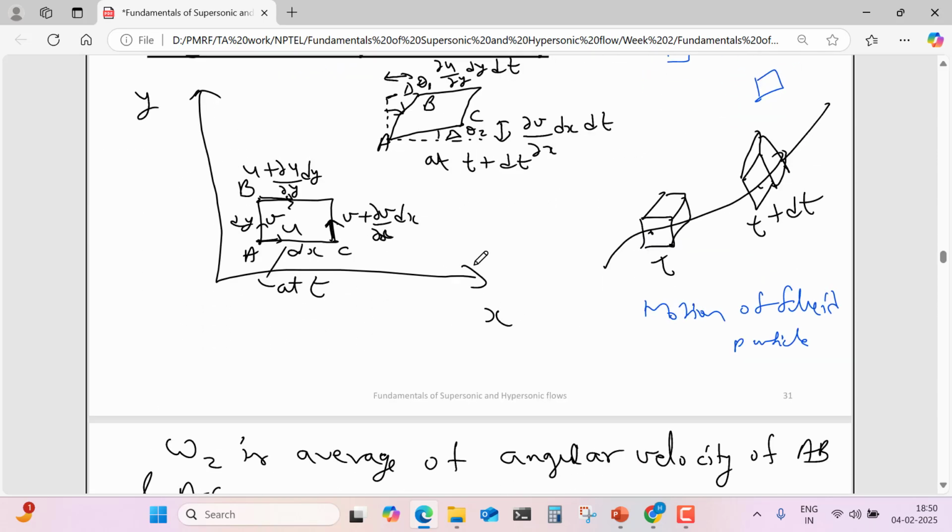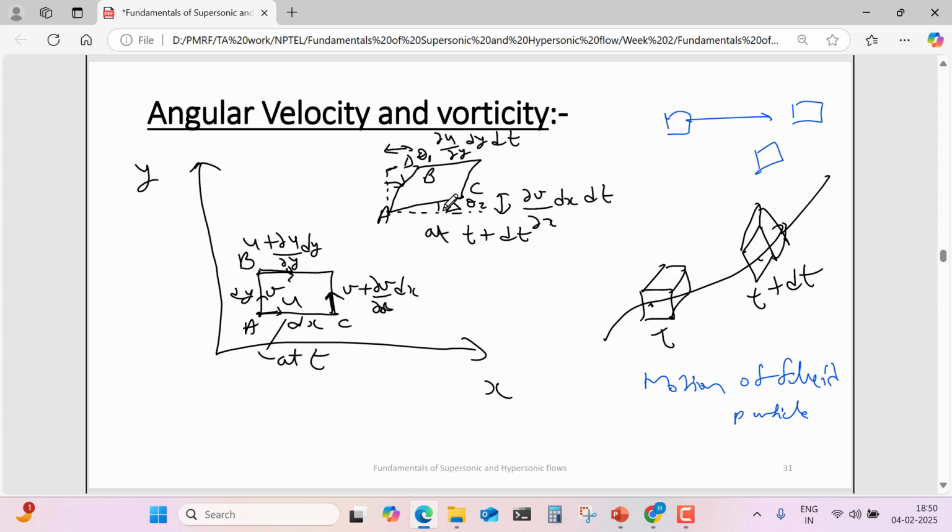So if we see the rate of change of this delta theta 2, d theta 2 by dt will be this height upon this length, which will be dou v by dou x.